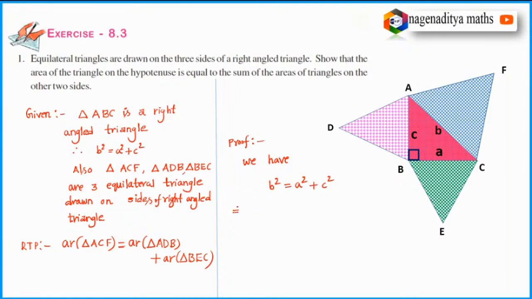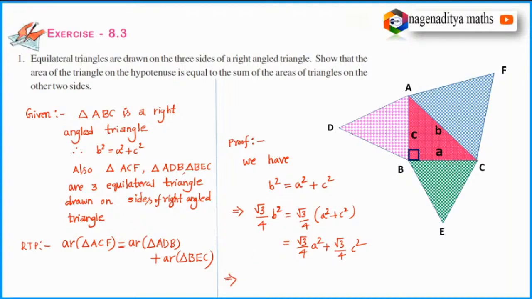So this implies root 3 by 4 B square is equal to root 3 by 4 into (A square plus C square). Open the brackets: root 3 by 4 A square plus root 3 by 4 C square. So this implies root 3 by 4 B square.